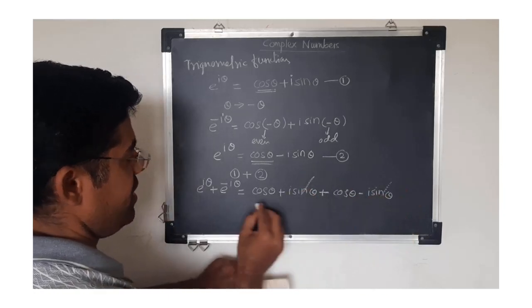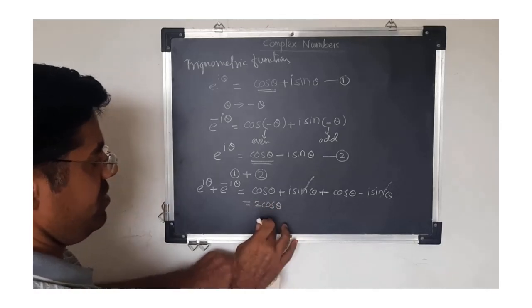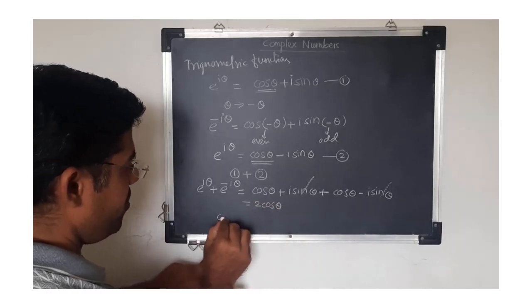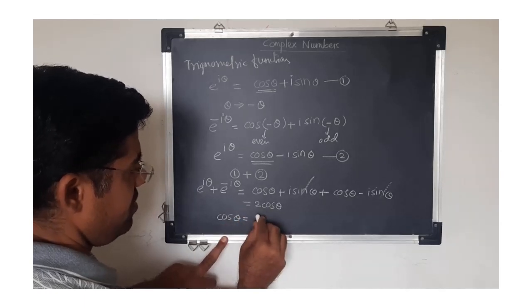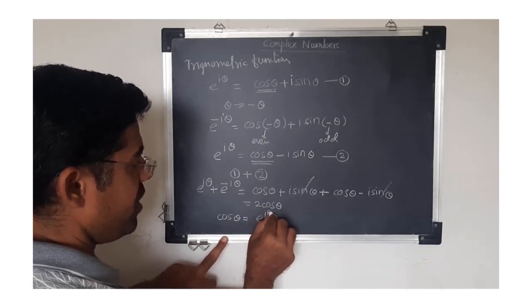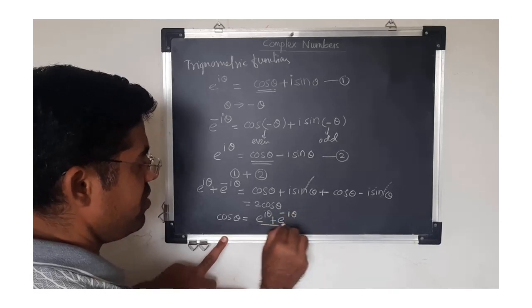This term gets cancelled, so you will get 2 times cos of theta. So cos theta is nothing but e raised to i theta plus e raised to minus i theta upon 2.